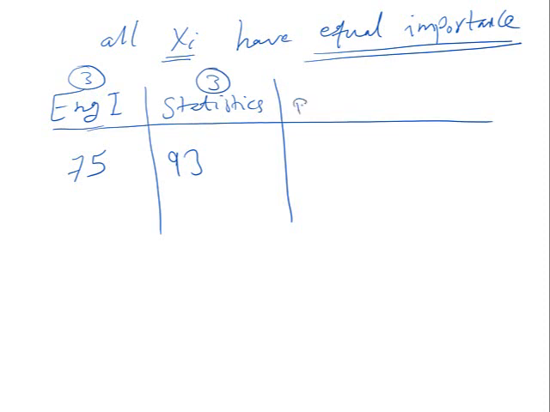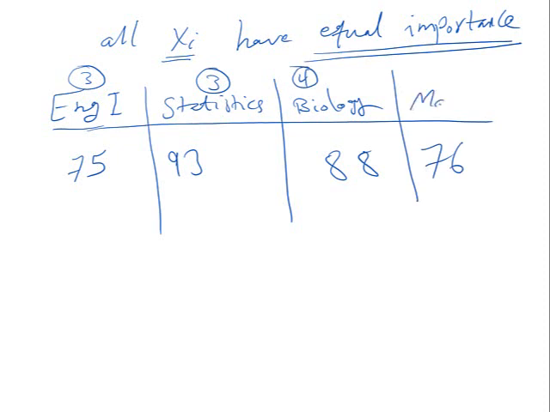And in biology, the student got a score of 88, and the biology course has a weight of 4 credit hours. Finally, let's say the student got a score of 76 in the math course, which has a weight of 2 credit hours.